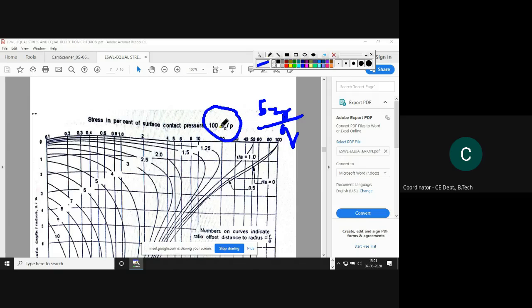And in some questions, they are giving this 100. That means all these values are in percentage. This 5 means 5%, this 8 means 8%. And if in some cases they are not providing this 100, that means they will give you in decimal. So this 4 will be 0.04. If it is 10, then it will be 0.1, like that.